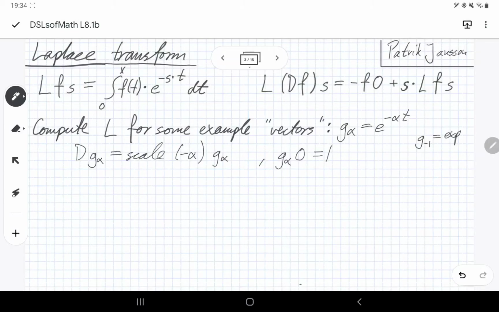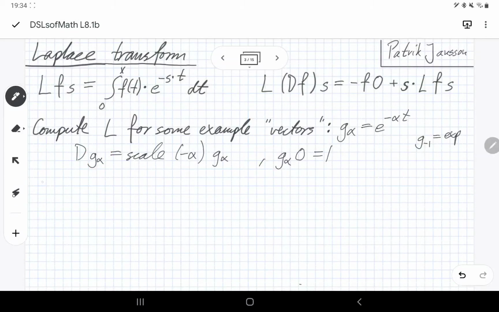And then to go the same way as we did in the previous Jamboard slide, we again write down the LD law, Laplace derivative law, for this G alpha.